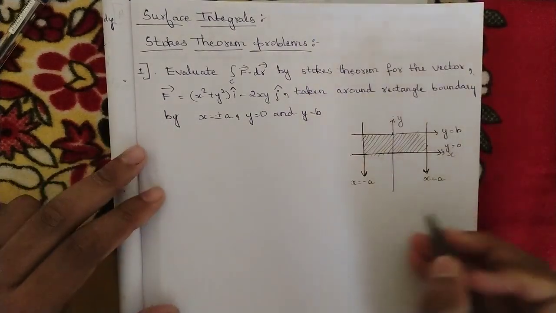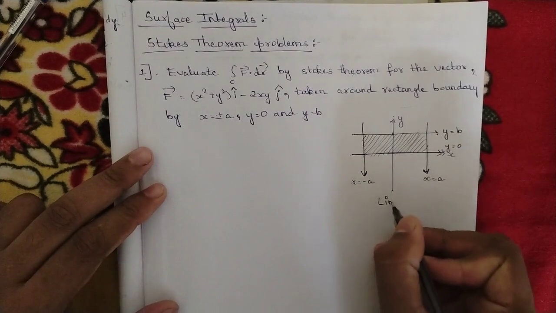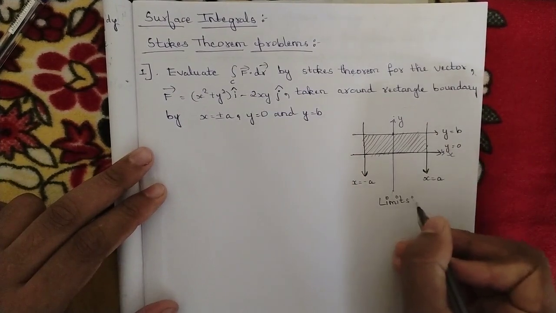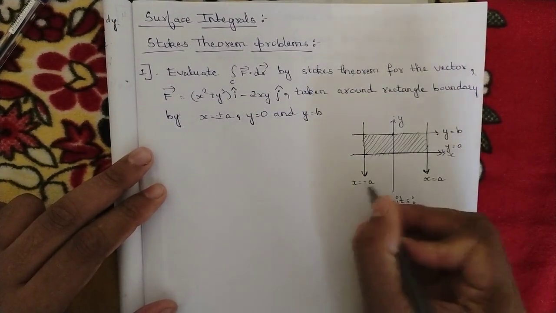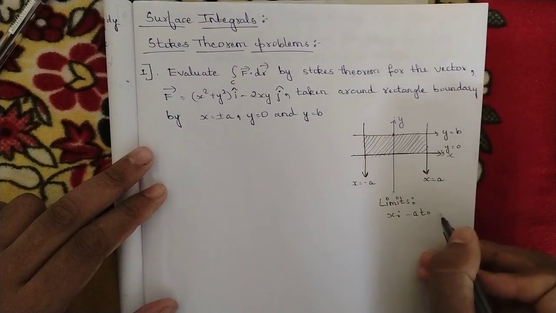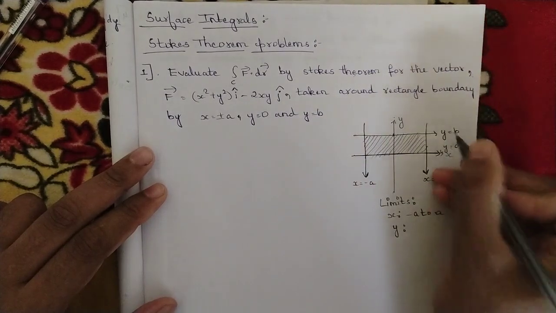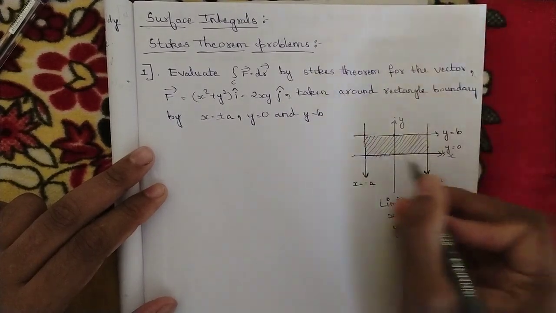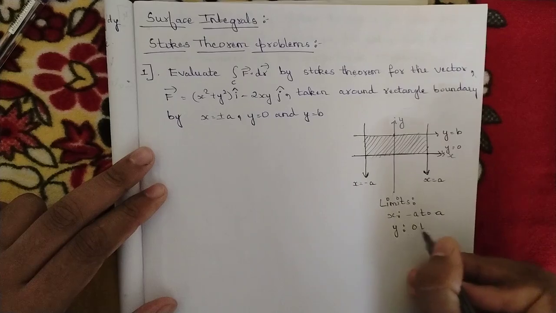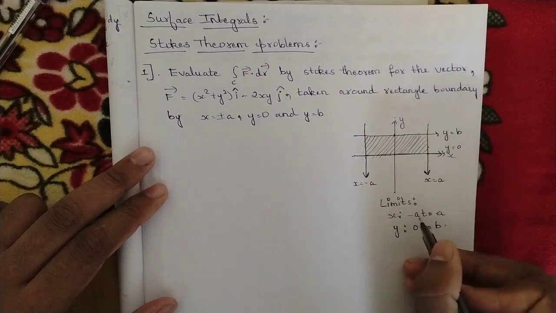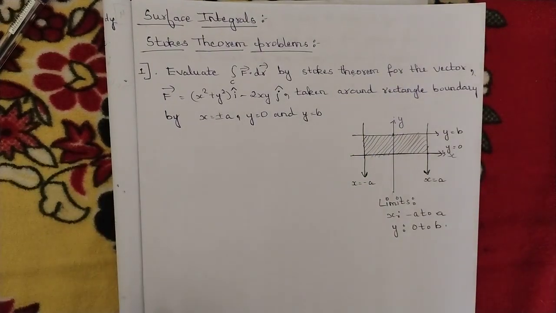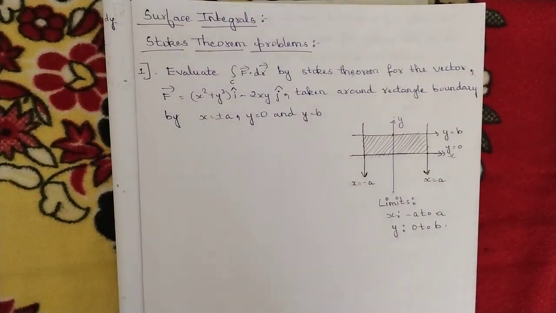So here, seeing these things, we can write the limits now. For x it is from minus a to plus a, and for y it is from 0 to b. We don't have any surface further down, so y is from 0 to b, and x limits are from minus a to a. Okay, so these are the limits for x and y.